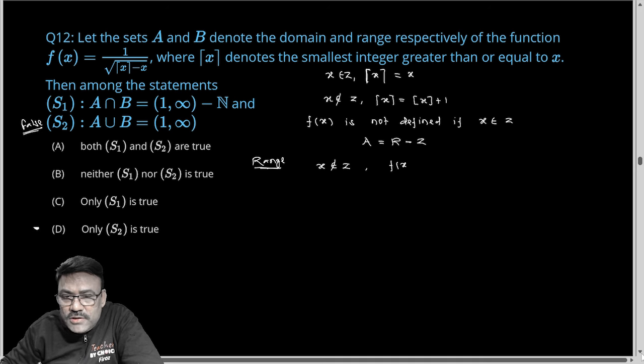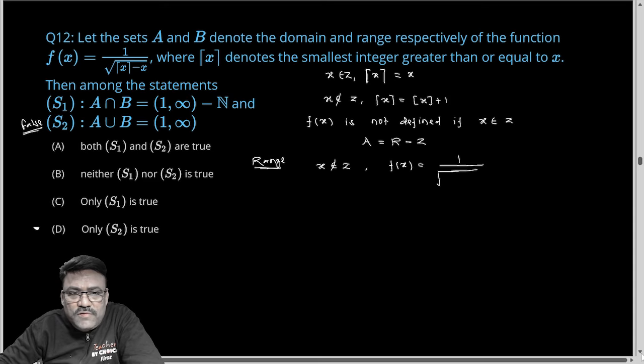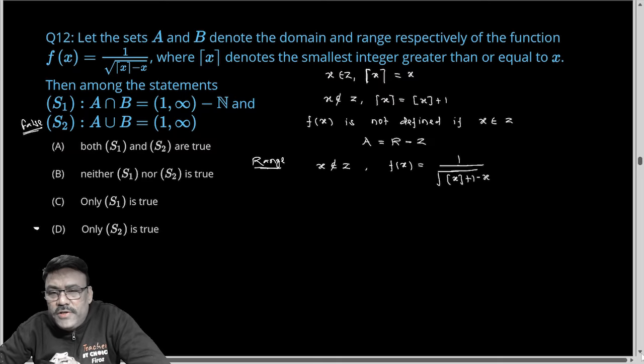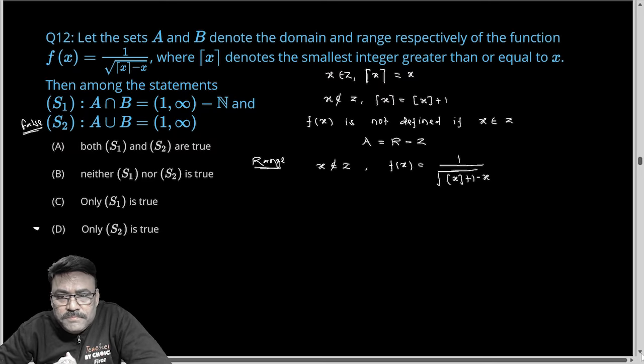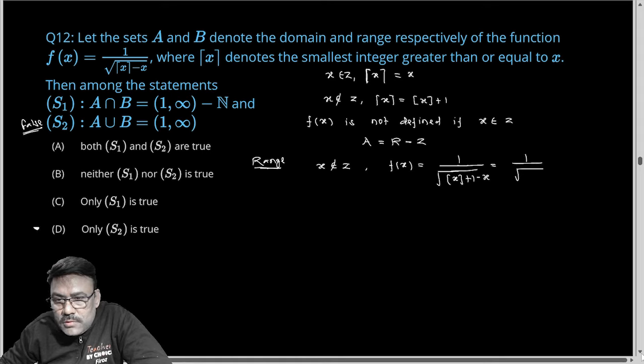And when x is not an integer, your function is basically 1 over under root of the smallest integer, which can be written as integral part of x plus 1 minus x. Now it is 1 over under root of 1 minus fractional part of x.